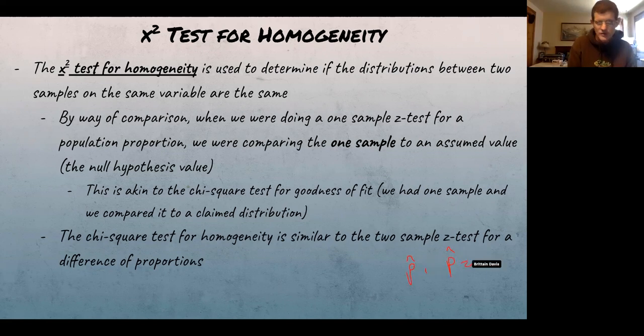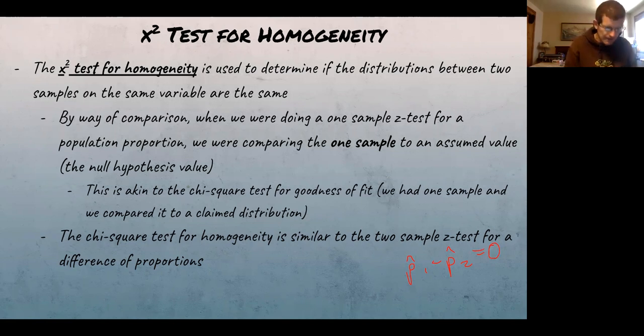There's no assumed value that I'm comparing it to. I'm just comparing these two, and my null hypothesis is that there's no difference between them. There's no standard that I'm holding these two proportions up against. I'm just comparing them to each other.